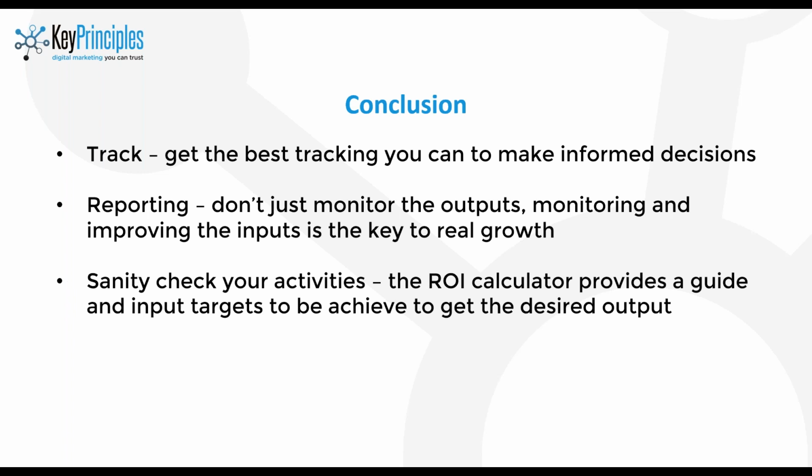Finally, sanity check your marketing efforts. Run these through the ROI calculator. If you want me to look at more detail at that, we can, because you want to make sure that you're making a positive return on the activities that you're undertaking.